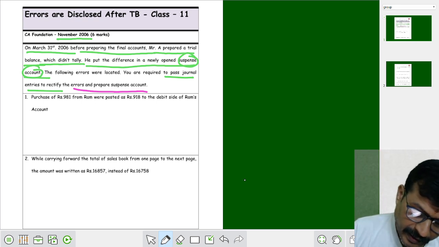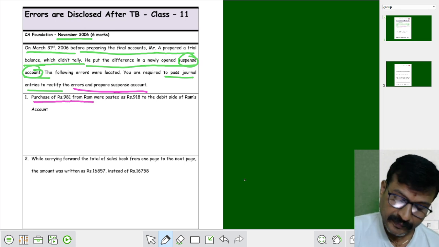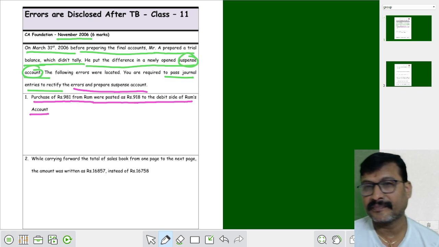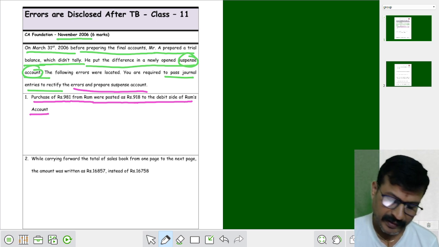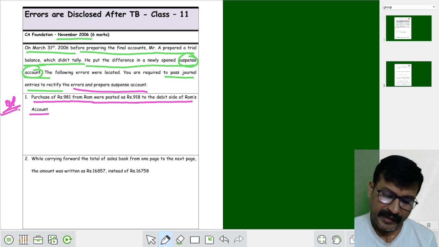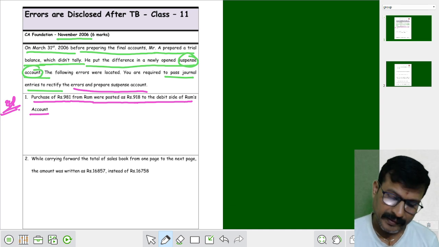See here, purchase of 981 from Ram was posted as 918 to the debit of Ram's account. This is what the transaction is. Let me explain where the mistake is committed.